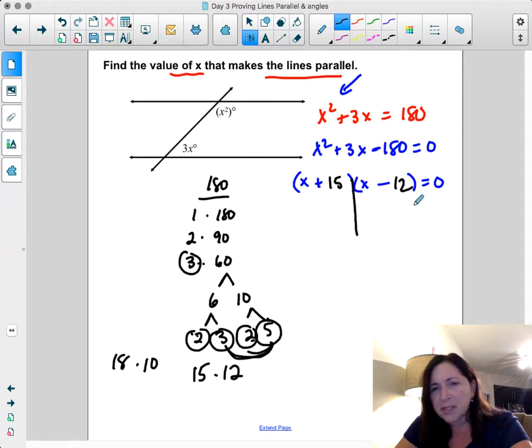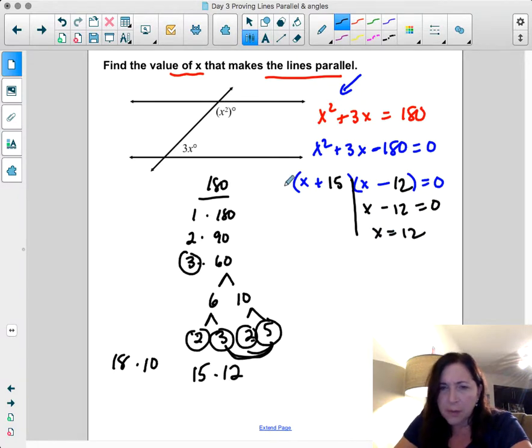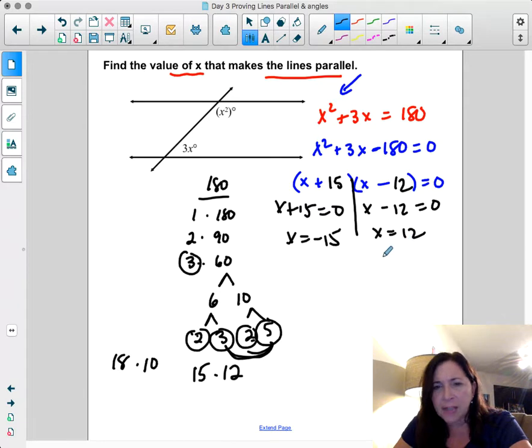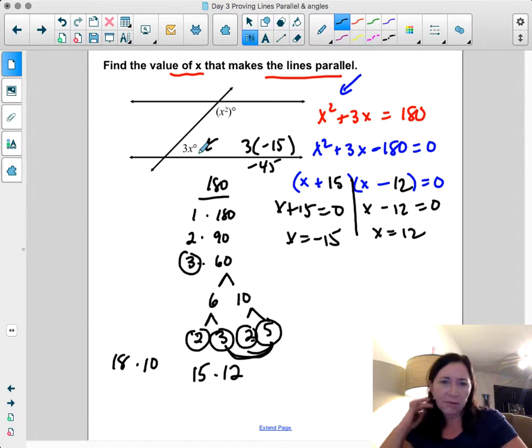I'm going to split this up, and I'm going to set both of these equal to 0. So x minus 12 is 0, so x equals 12. I have x plus 15 equals 0, so x equals negative 15. Both of these answers actually aren't going to work, because if I were to plug 15 back into this equation, that would be 3 times negative 15, which is negative 45 degrees, and you can't have a negative degree there. So negative 15 is out.